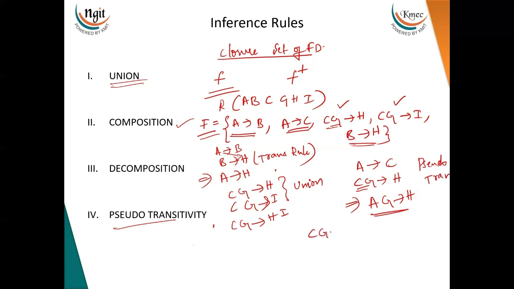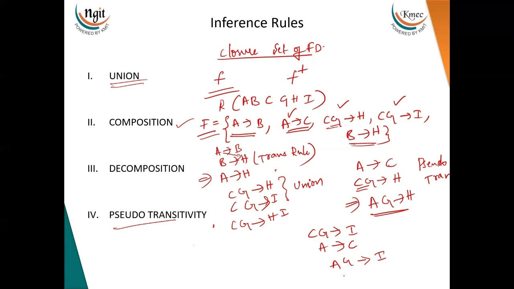Similarly, we have CG tends to I. This is one functional dependency. And also we have A tends to C. Now, what can I write from this? CG tends to I and A tends to C, which implies AG tends to I. It is because here I am replacing the value of C with A, because the C value can be identified with the value of the A attribute.